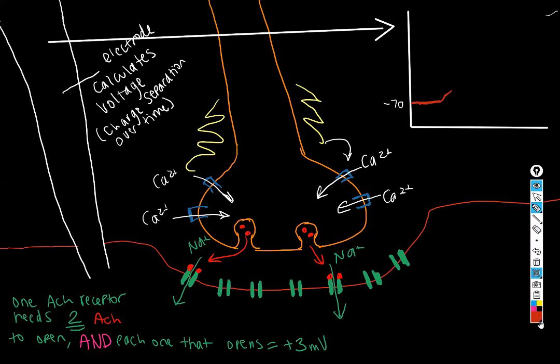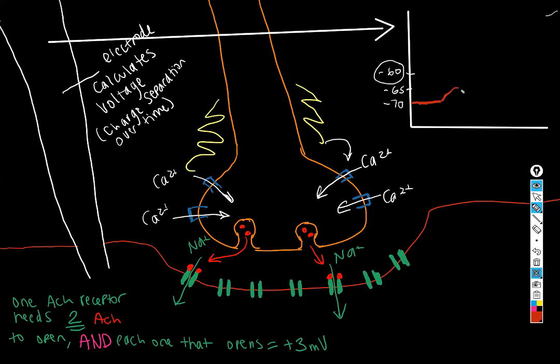So let me give myself a little bit more of an axis over here. So let's see, -65, -60, and I'm going to say -60 is threshold. So I get to go a little more than halfway up to threshold. But that wasn't enough.